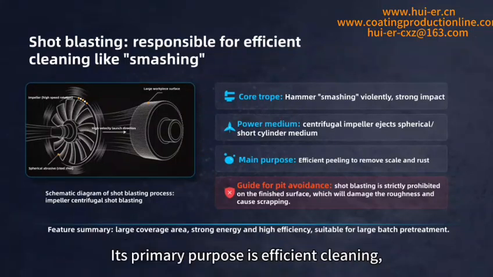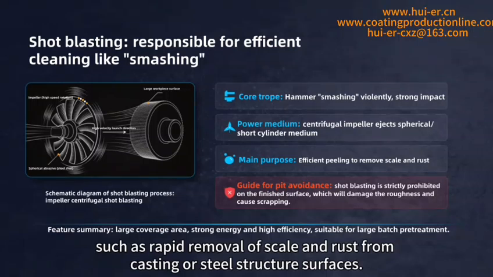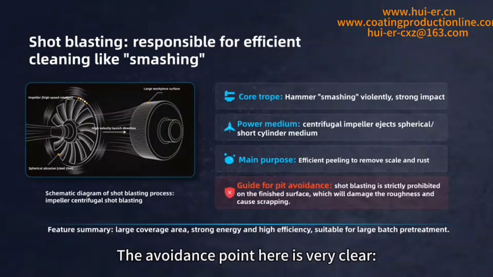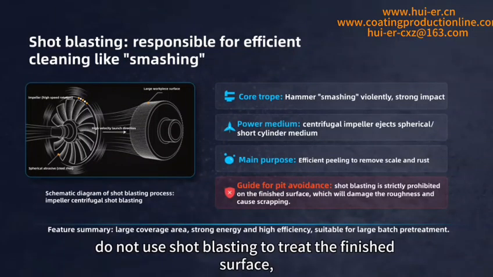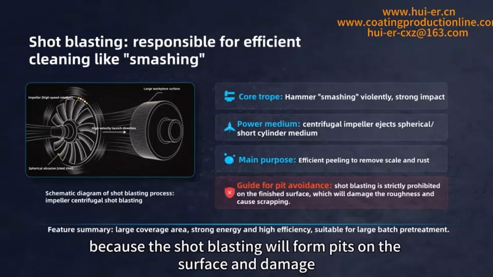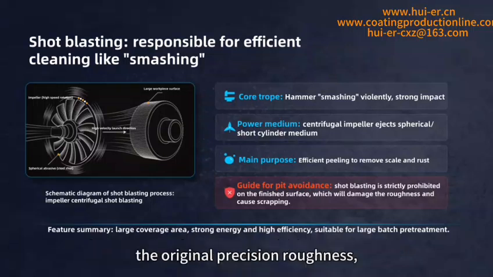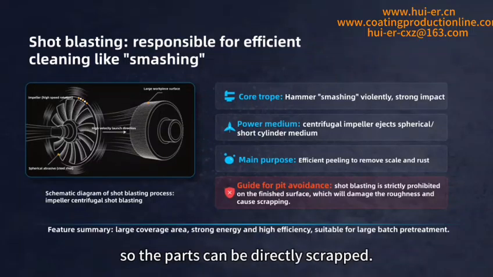Its primary purpose is efficient cleaning, such as rapid removal of scale and rust from casting or steel structure surfaces. The pitfall here is very clear. Do not use shot blasting to treat a finished surface, because shot blasting will form pits on the surface and damage the original precision roughness, so the parts can be directly scrapped.